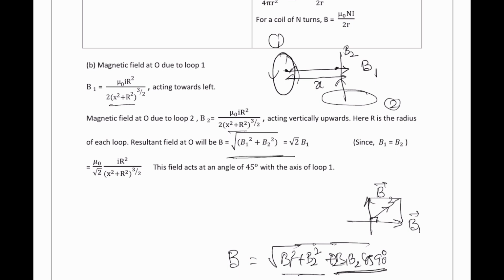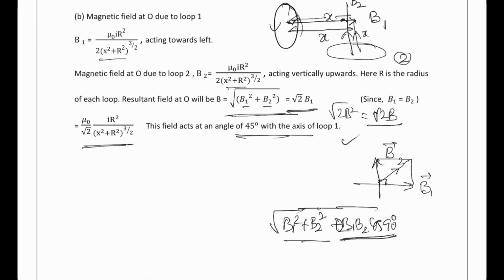Both the magnitudes are the same because this point is equidistant from the center of the first coil as well as the center of the second coil, correct? The magnitude of the magnetic field because of the first coil equals the magnitude of the magnetic field because of the second coil; let it be B1.